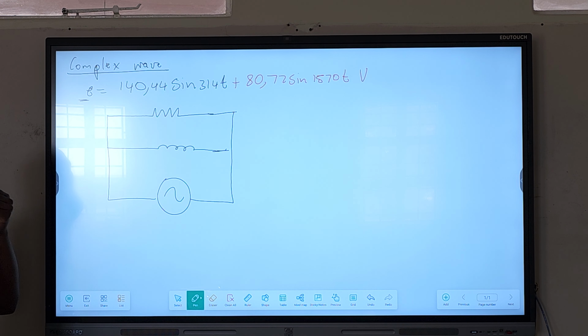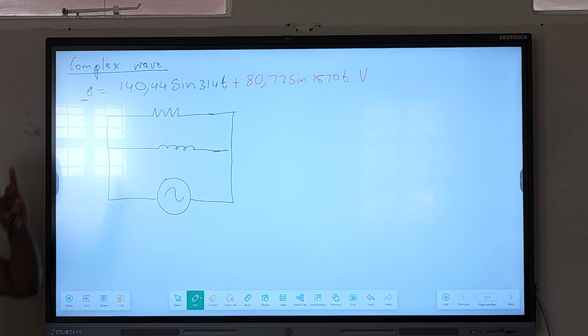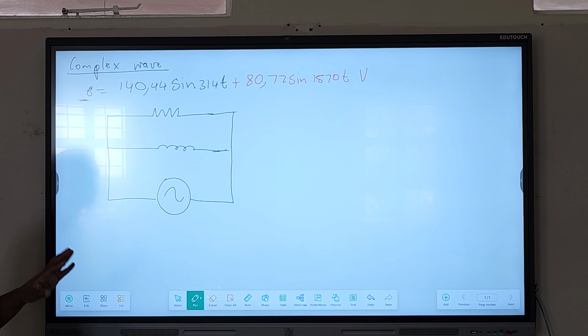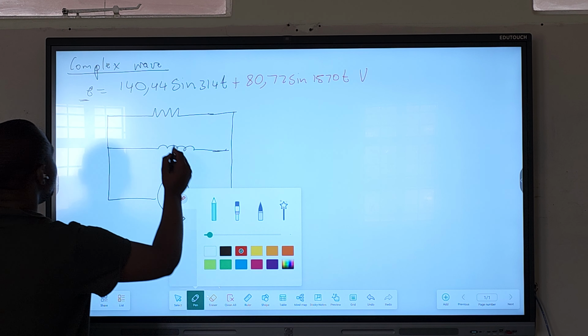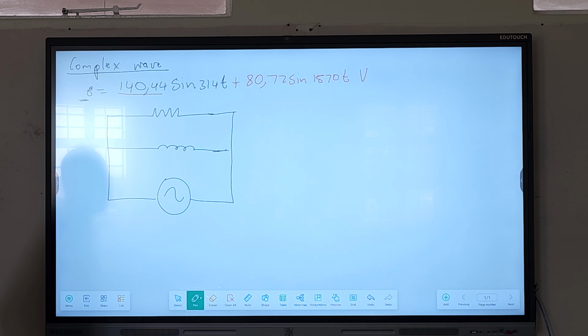For example, I will always have the fundamental, which is the first harmonic. How do you detect that? For the fundamental, you look at the amplitudes.